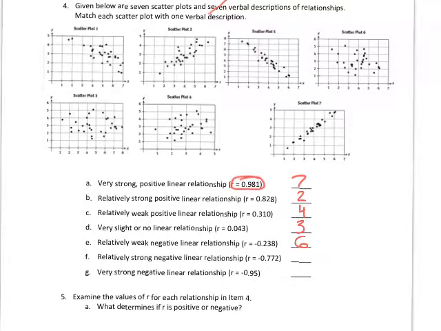So what's the difference between a positive relationship and a negative relationship as far as our correlation coefficient goes? Yep. The positives go up to the right corner, the negatives go down to the left corner. Good. So that would be with our graphs. What about with the correlation coefficients? Yep.